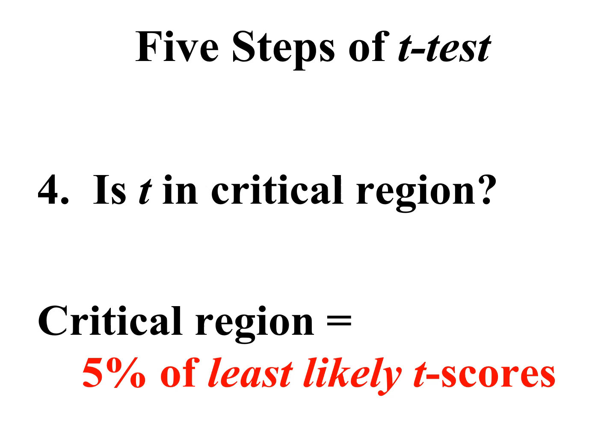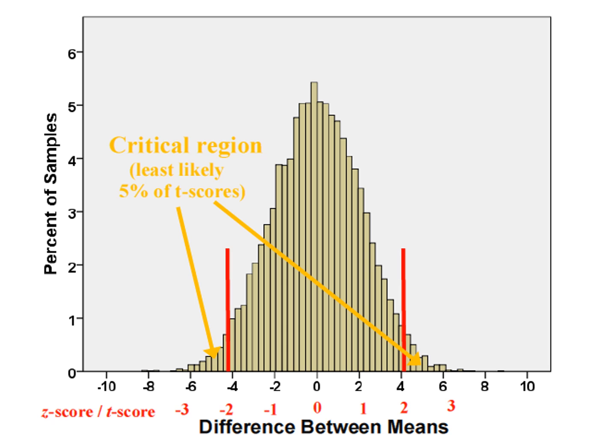The fourth step is to identify if our t-value falls in the critical region. And the critical region is defined as the 5% of the least likely t-scores. So here's our sampling distribution. The red vertical lines are two standard errors above and below the mean.